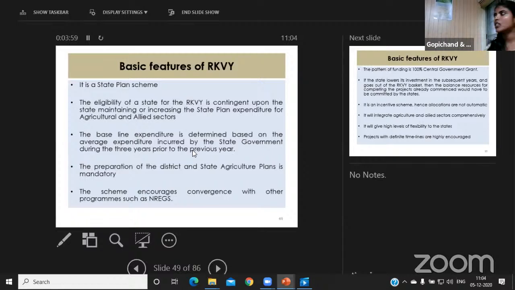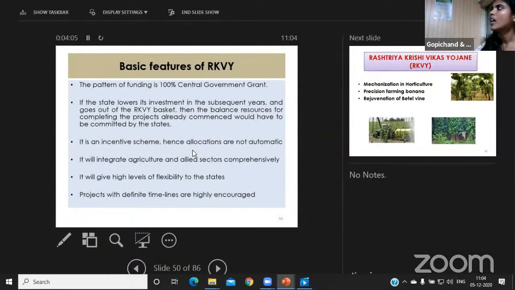And the scheme encourages convergence with other programs like MGNREGA. And the pattern of funding is 100% central. And if the state lowers its investment in the subsequent years, then it goes to the RKVY basket. It means if we do not utilize the funds, then it will go back to the RKVY funds. And allocation is not automatic.